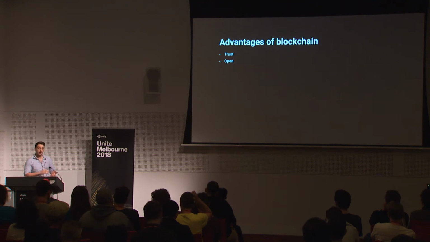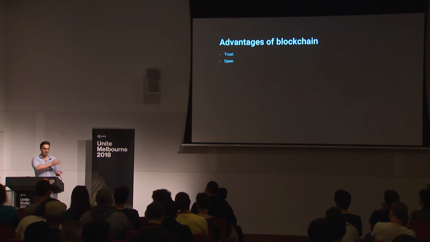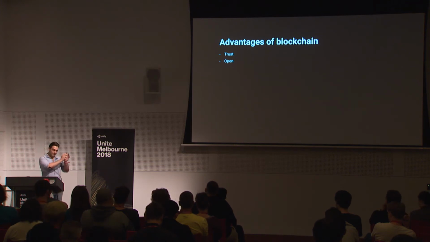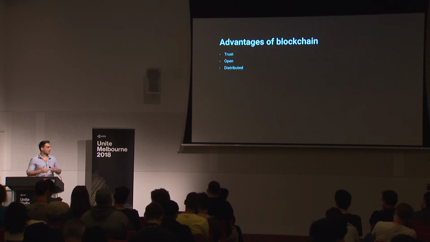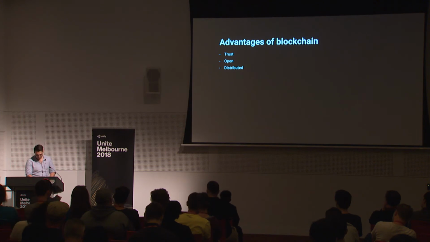It's open, so every node has a copy of the ledger, a copy of every single transaction that's ever been made, which makes it incredibly transparent, as opposed to a more centralized system where you're trusting some authority with that information, but you don't really know what it is. And it's distributed, which makes it quite secure, because there are more people involved in validating it, and the more distributed it is, the more secure it is.